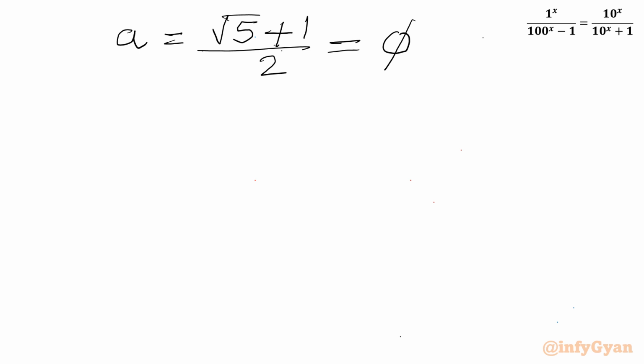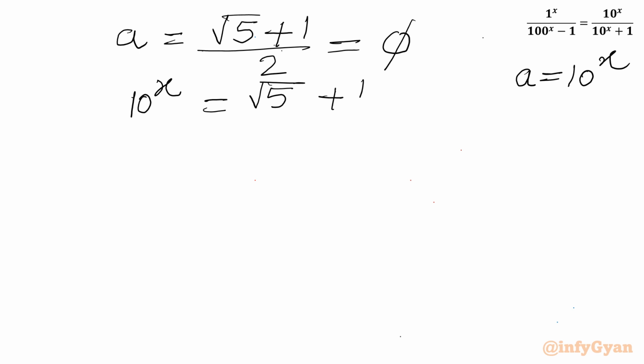Now we have to solve using log, because a was our substitution for 10 power x. So I can write here 10 power x equal to root 5 plus 1 over 2. Let us take log on both sides with base 10.